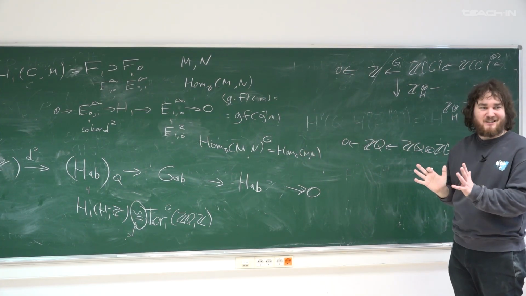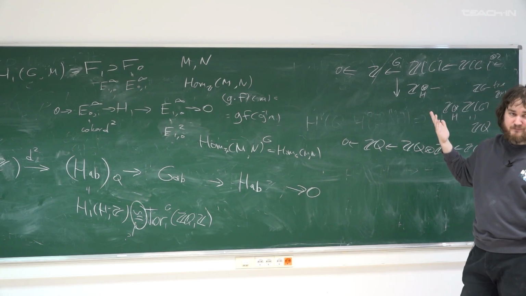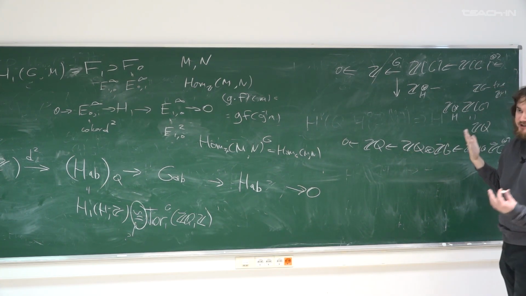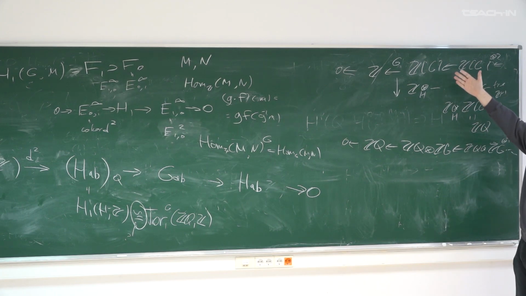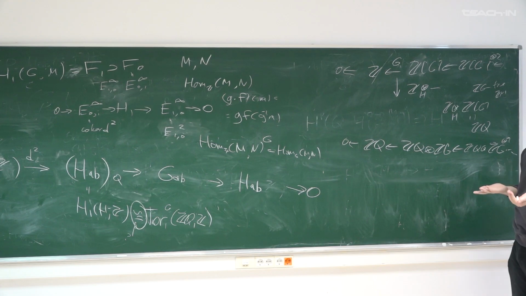This is the main observation. I can consider a G resolution, but it's also an H resolution of Z, because the resolution is exact. And if I consider it as left H modules, they are also free because ZG is a free H module, a direct sum of copies of ZH. So this is in fact also an H resolution.